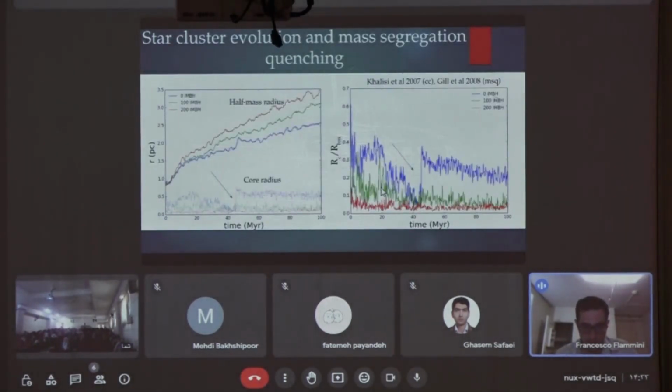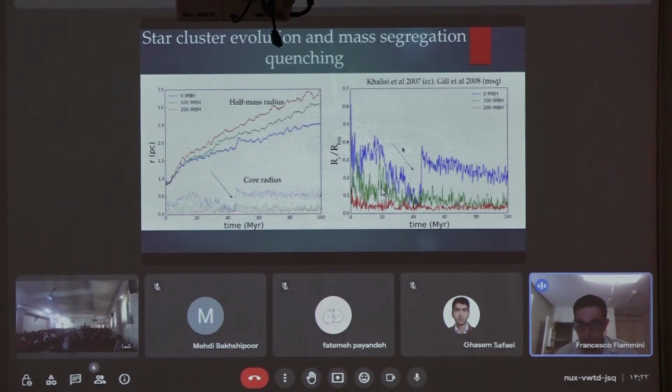So this is just to illustrate how the star cluster is affected by the presence of an intermediate mass black hole. As you see, the ratio between the core radius and the half-mass radius, the radius that contains half of the mass of the star cluster, is relatively constant in the presence of a 200 solar mass intermediate mass black hole, compared to the case without a black hole that goes into core collapse.